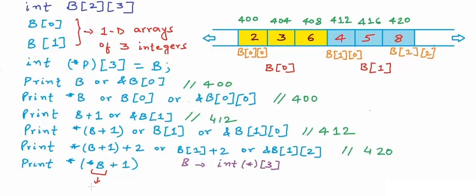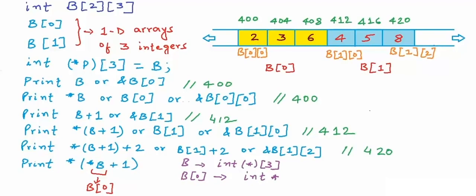So *B, as we know, will give us B0. *B is the same as B0. Now B0 in my expression, because B0 is the name of a one-dimensional array, returns a pointer to the first integer in the one-dimensional array. So B0 returns a pointer to an integer. We will get a pointer to this integer at address 400.